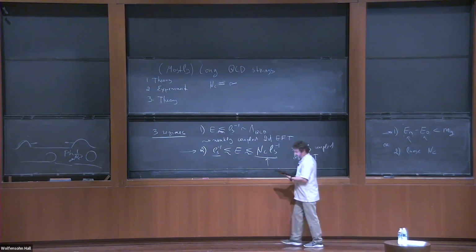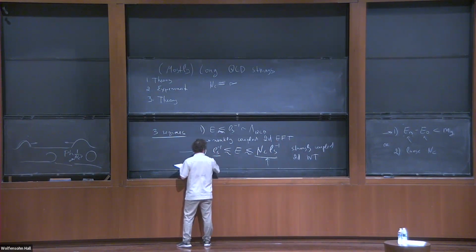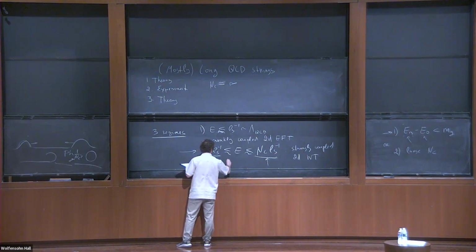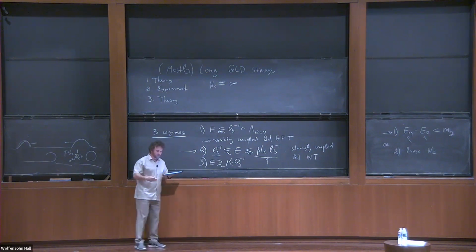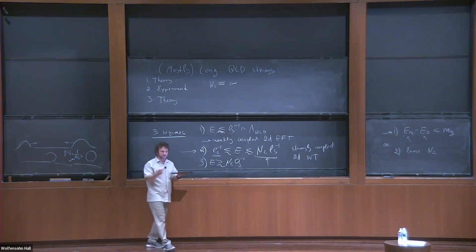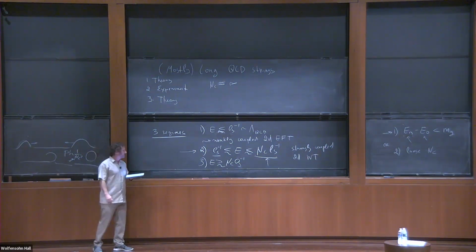Well, and finally, there is a third regime where E is larger than the scale, and Nc is large. In this regime, really, there is no well-defined separation between the 2D worldsheet theory and the bulk theory. They strongly mix with each other.